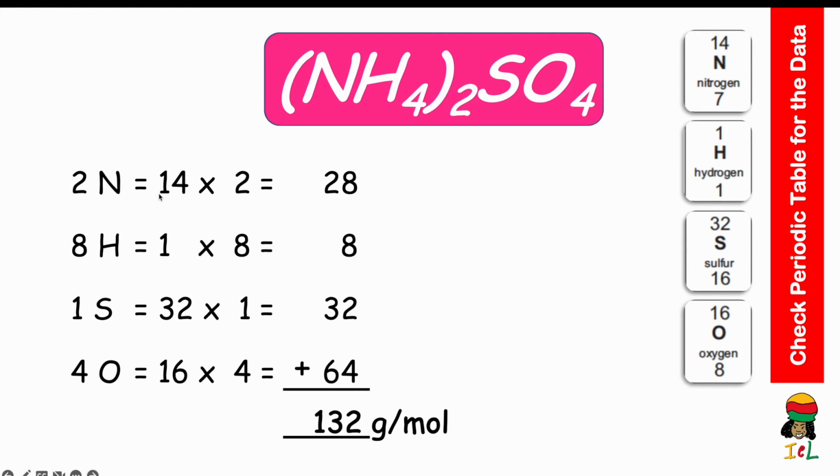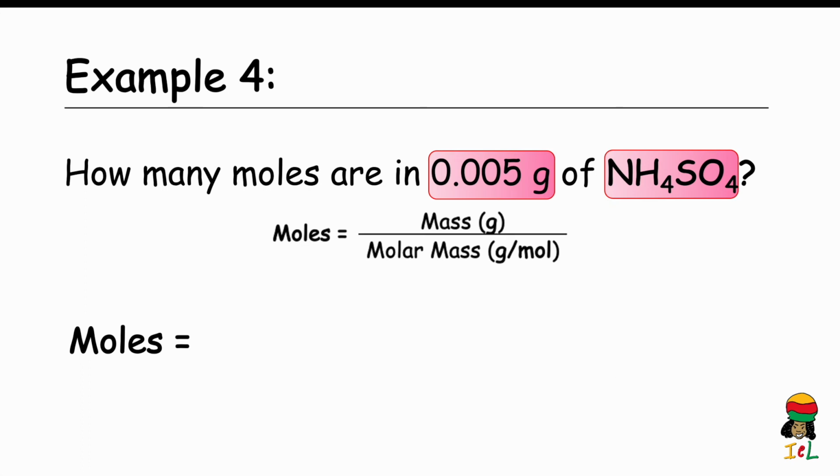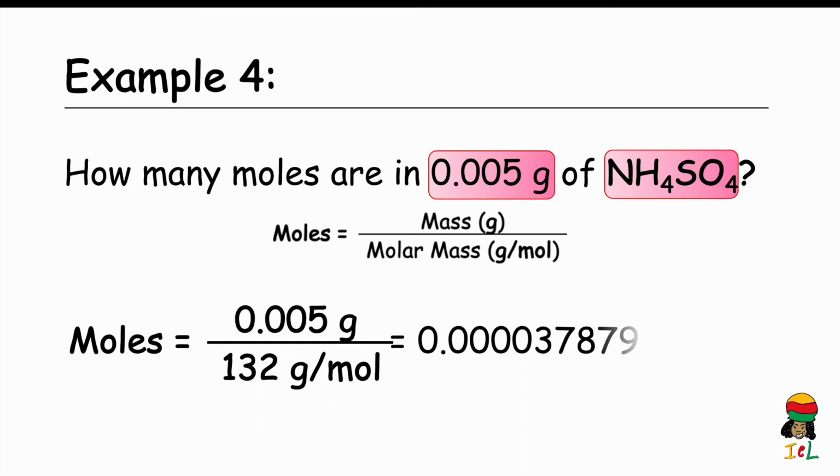We multiply the mass of 1 mole of each element by its quantity, as we have laid out right here. Therefore, the moles of ammonium sulfate works out to be 0.005 grams divided by 132 grams per mole. And we get a very small number, 0.000037879 mole.